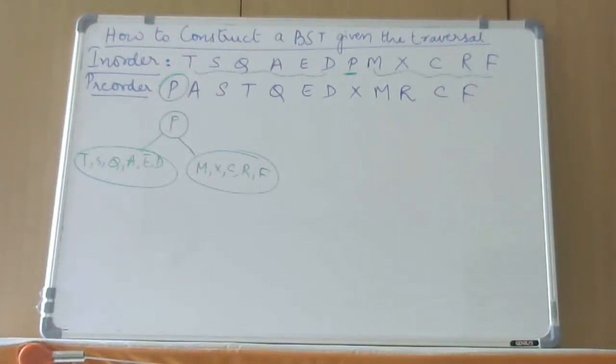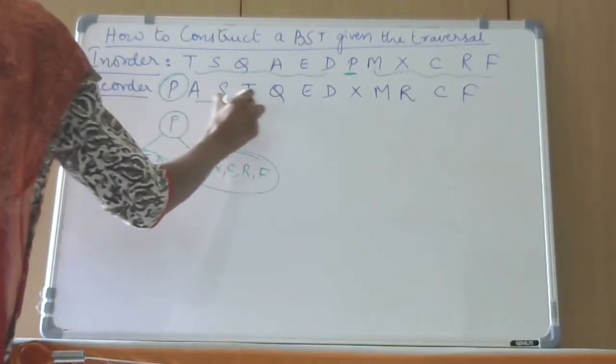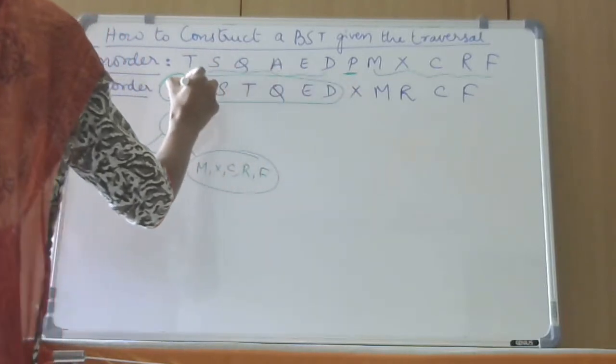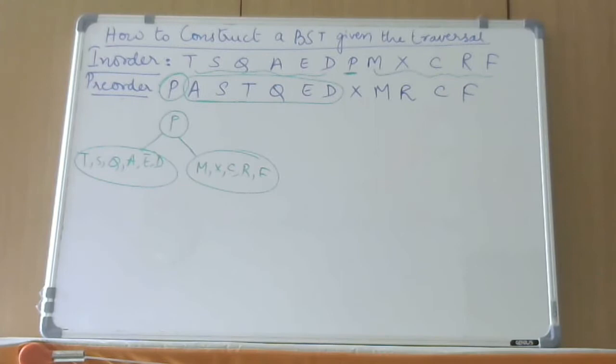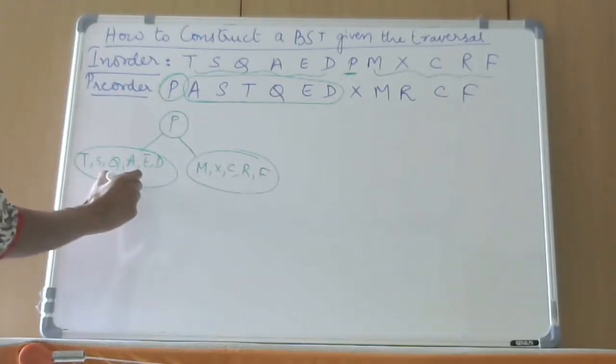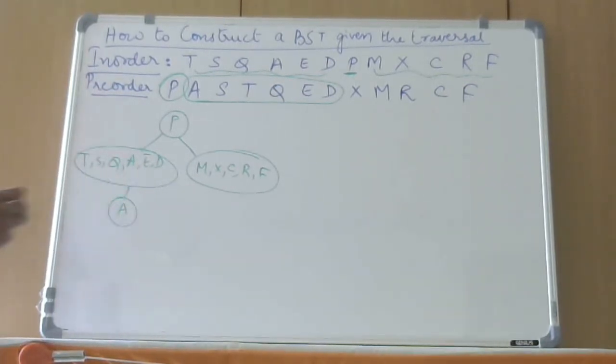Okay. Next. Again in this, T, S, Q, A, E, D, which is coming first in pre-order? That is what you have to check. In this part, which is coming first? A. A is coming first. So I would consider A as the root.